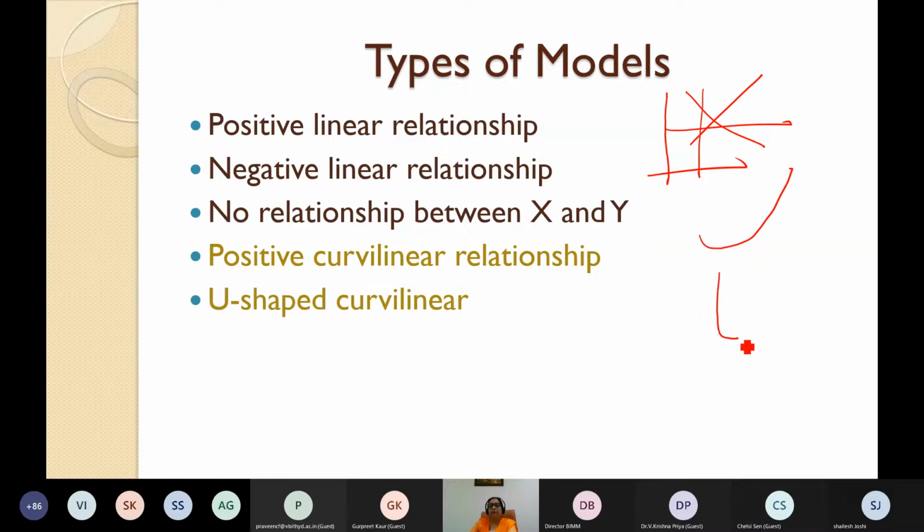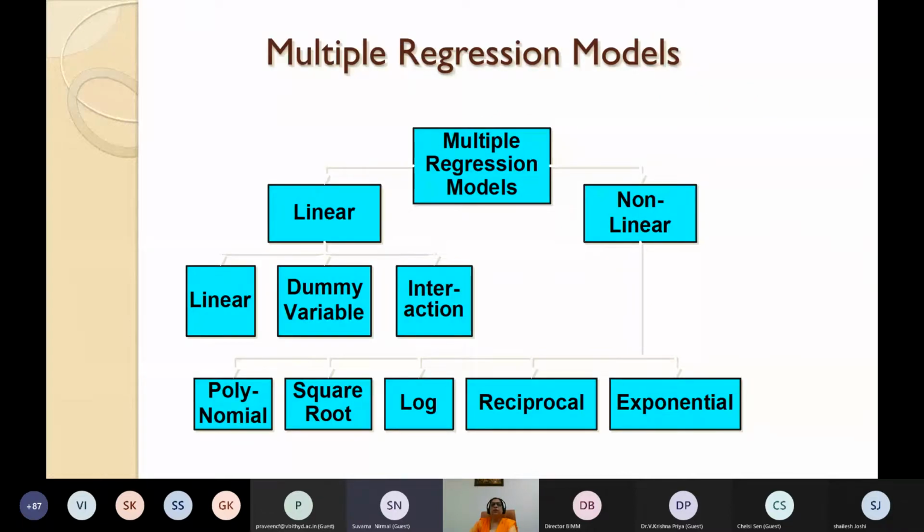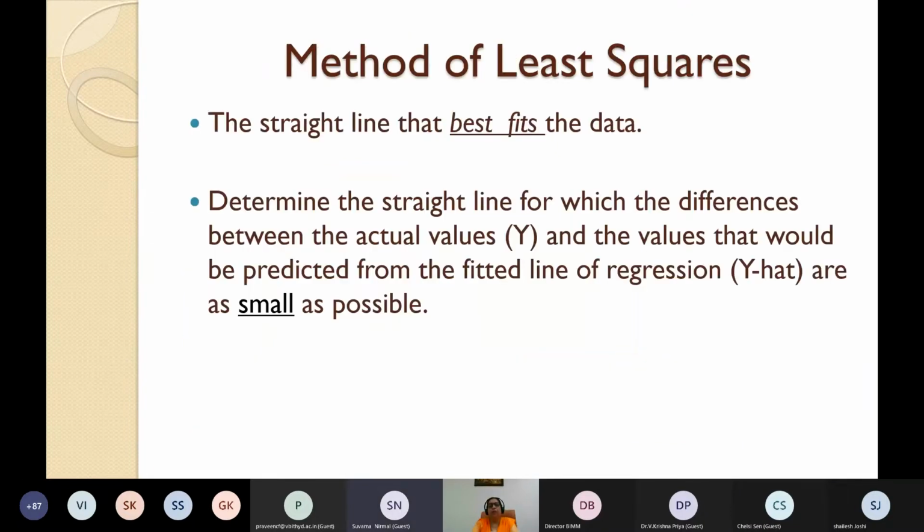U-shaped curvilinear, it can be positive or negative. Negative curvilinear relationship. So these are different models, but we are going to restrict our discussions for multiple regression only on the linear scale. We will not go into the non-linear regression models.